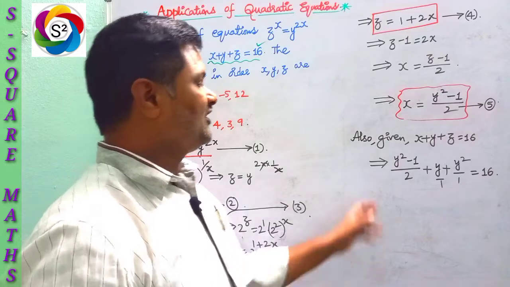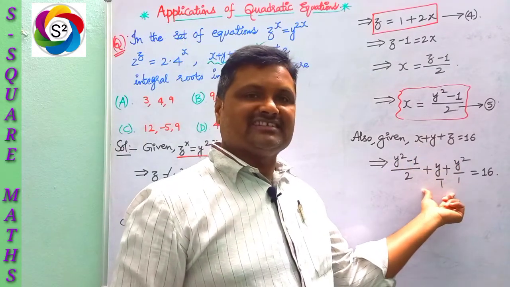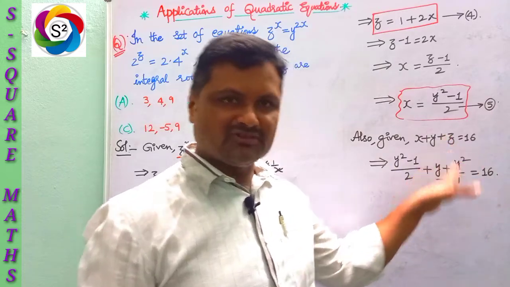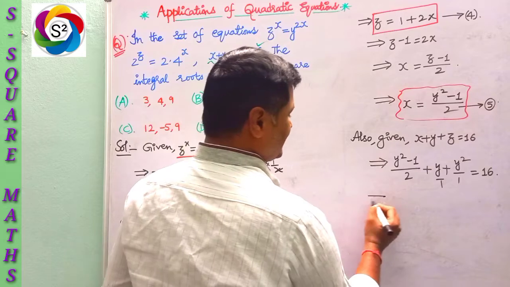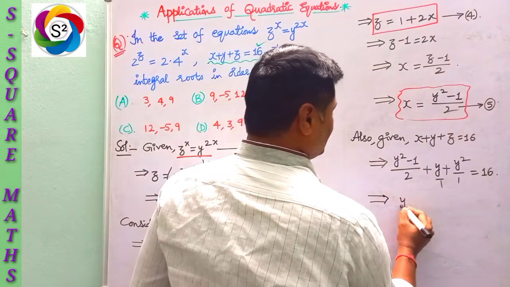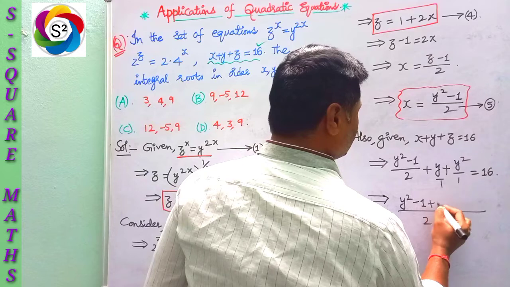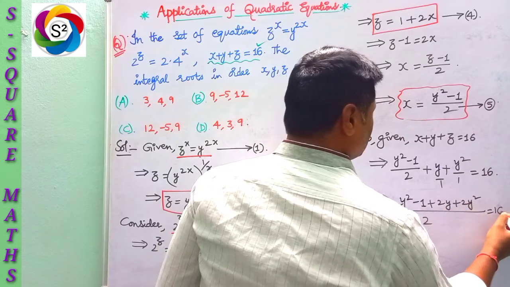If you observe carefully, x and z have been represented in terms of y. Simplifying this expression by taking the LCM, which is 2, I can write y square minus 1 plus 2y plus 2y square is equal to 16.